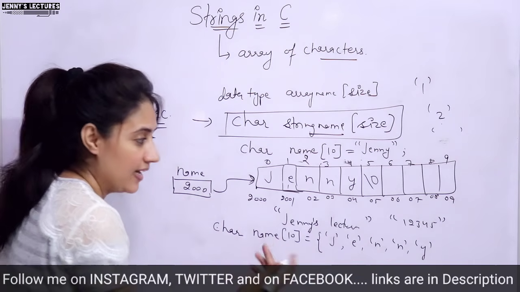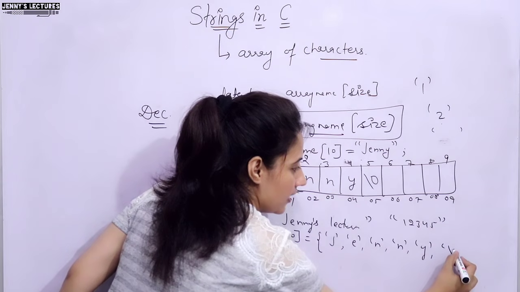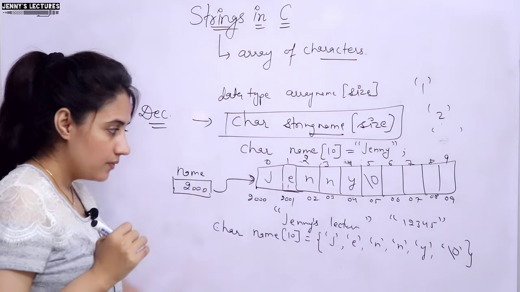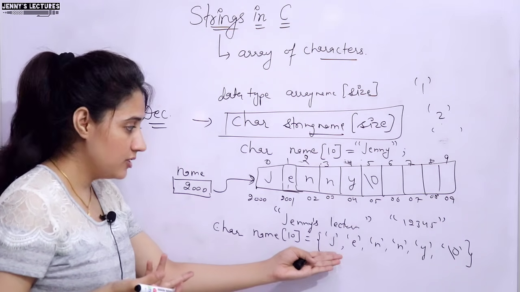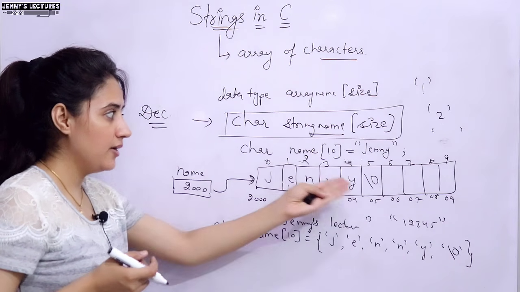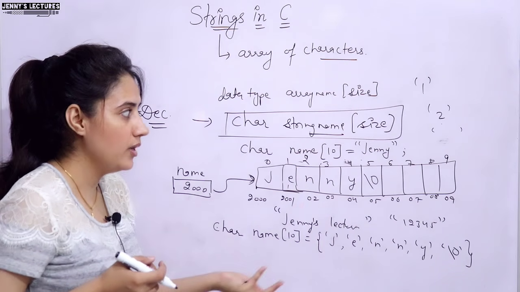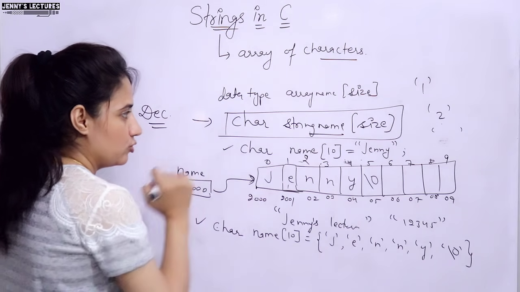I am providing a list of characters, but here at last you have to explicitly provide the null character, right? That is another way of initializing a string. That is also fine. It is stored something like this, JENNY, and at last you have provided the null character. That is also fine, and the remaining would be garbage values, right? So that is also correct.